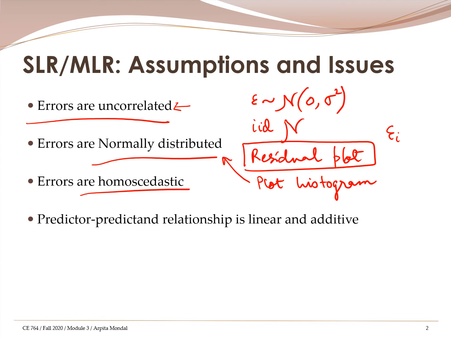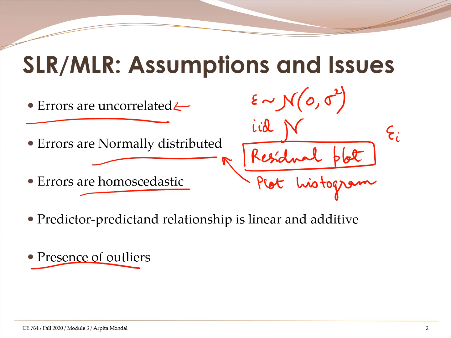If the responses of the predictors cannot be additive, I mean they might be influencing y in different functional forms, this simple linear regression or multiple linear regression model will not take that into consideration. If we have outliers in our data set, we may need to discard them. So that's also an assumption.